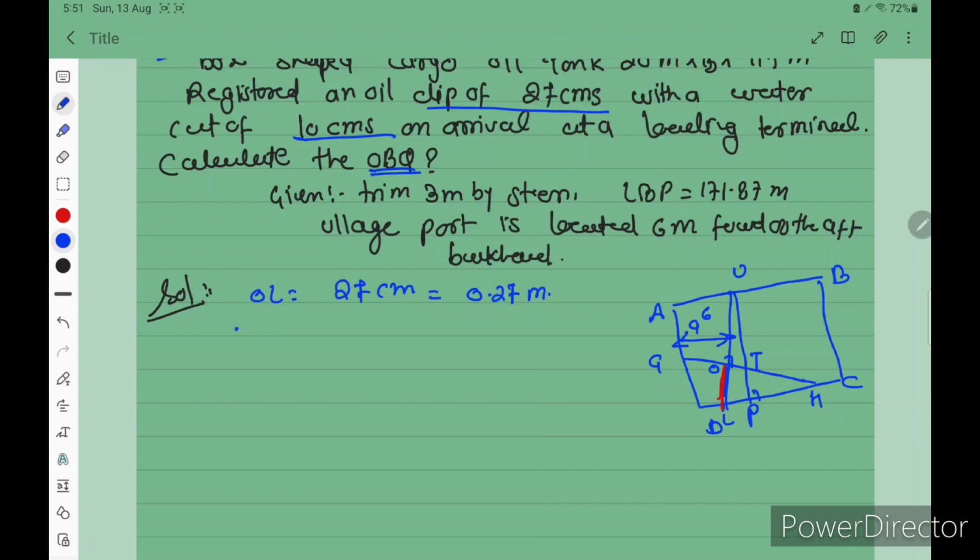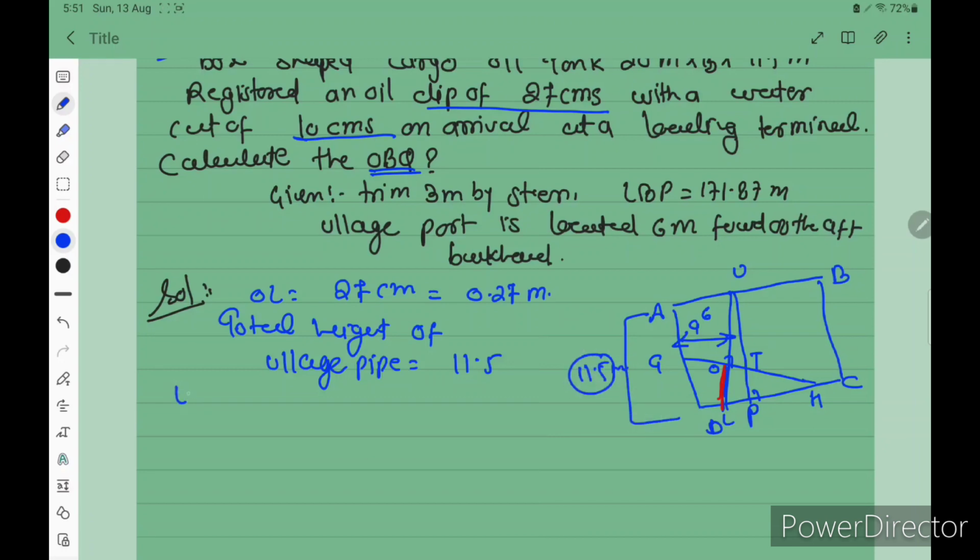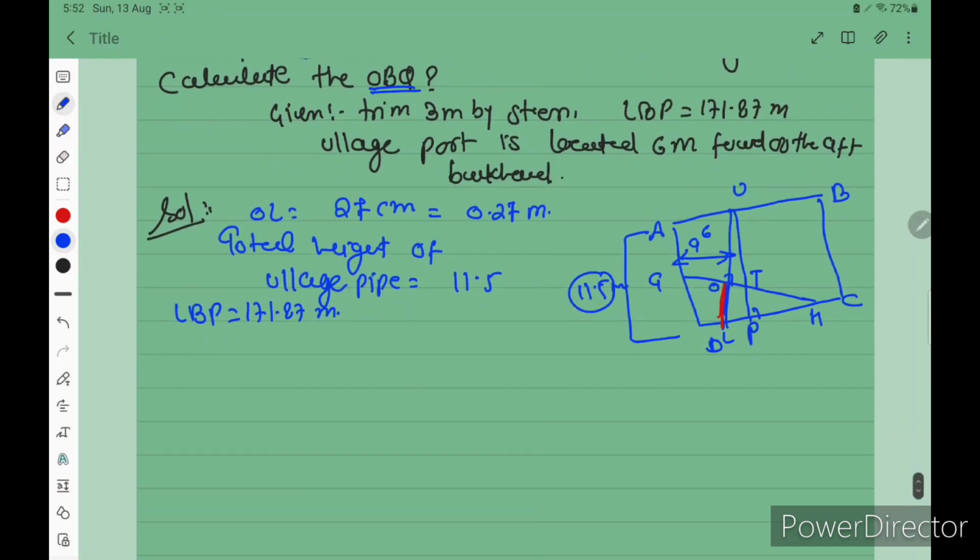So total height of ullage pipe is given 11.5 meters. This is 11.5 meter. LBP is given 171.87, trim by stern and A 6 meter.